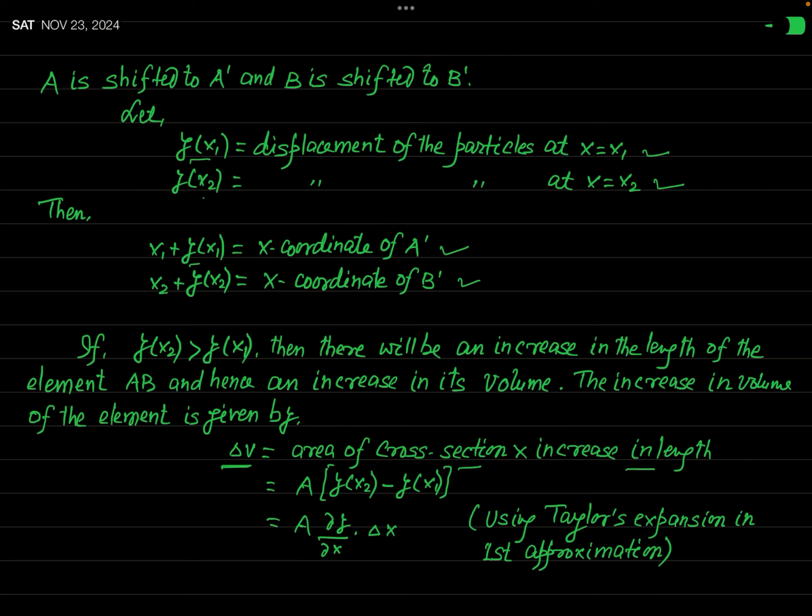Here the area of cross section remains constant but length increases. So when you multiply the area of cross section of the cylinder by the increase in length of that element, you get the increase in volume of that element. And as we assumed earlier, the area of cross section is equal to A.